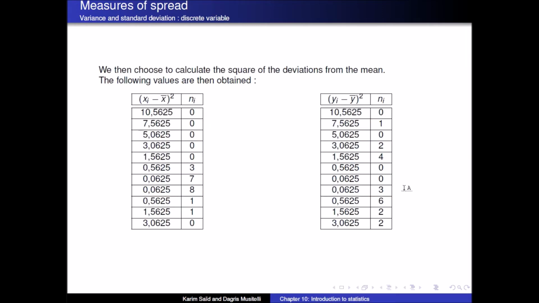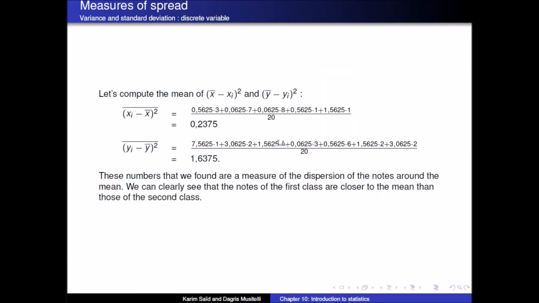We can compute also the average for class number 2. So one person had a 7.56 dispersion. This one, two people had 3.06 dispersion, and so on and so on. So we compute the average and we get 1.63. So here we can see this value is smaller than this value.